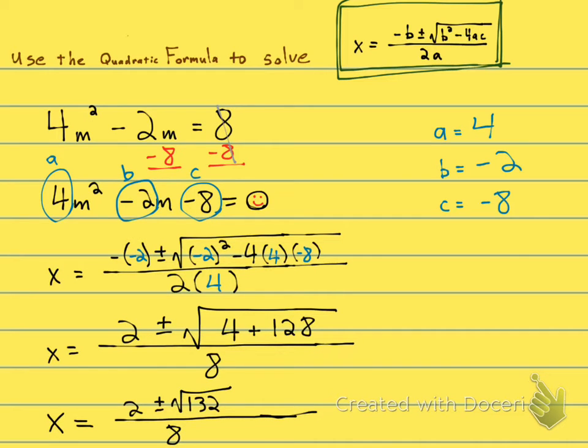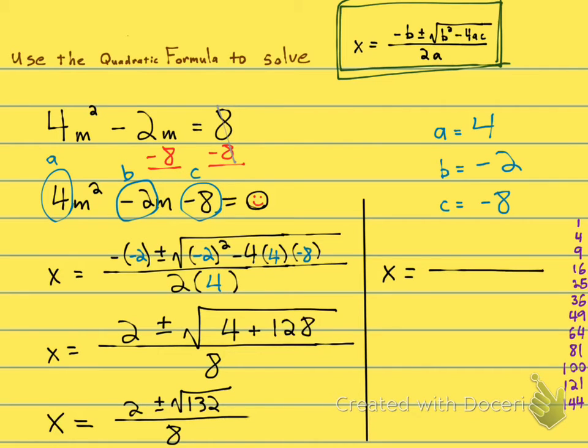Okay, this looks pretty good here, but to reduce completely, I need to see if I can reduce the square root of 132. If you look on the right, I listed all of my squares. Since this is a square root, I need to simplify that radical. So you may need to go back and do a little review on simplifying a radical. 2 plus or minus the square root of 132.